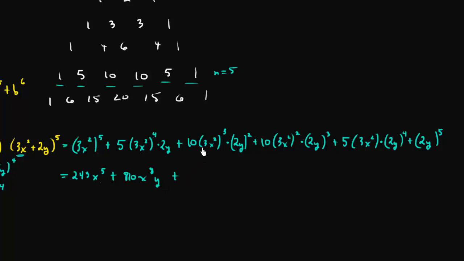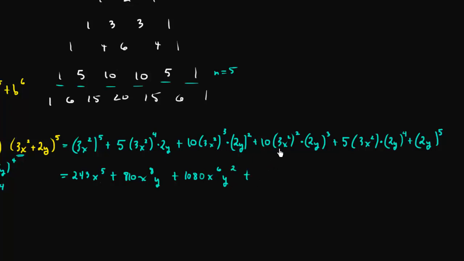For the next term, we'll have 10 times 3 to the 3, and then times 2 squared. So 10 times 2 times 27 times 4 is 1080. And then we've got x to the power of 6 because we multiply the exponents, and then y to the power of 2.